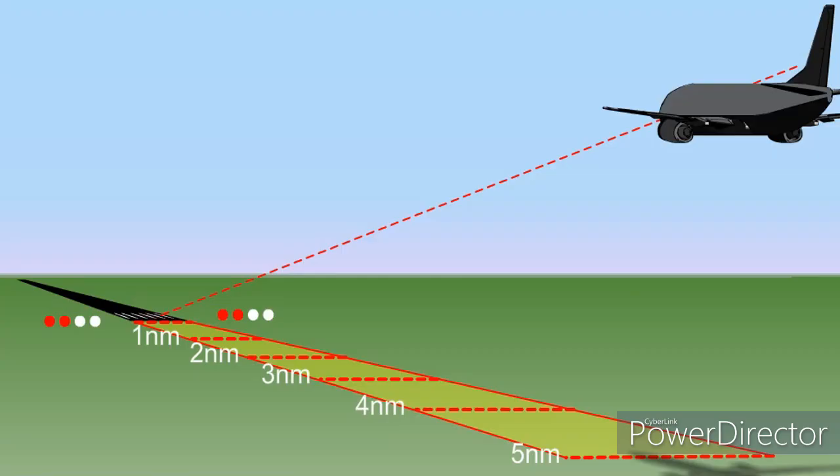For noise abatement approach procedures, two basic parameters are applied, namely that the aircraft will be in the landing configuration from the earlier of 5 nautical miles from the runway threshold or the ILS outer marker, and that no excessive rates of descent will be required.